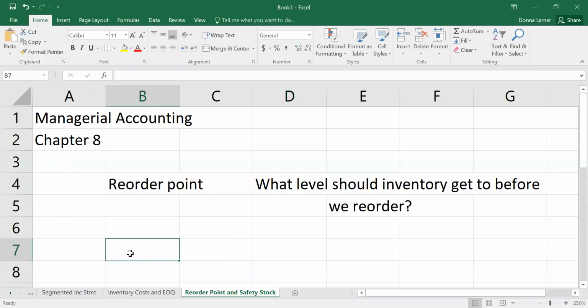At what level do you let the items get to before it's, oh, we better order some more, we're getting kind of low? What's the definition of kind of low? That's what a reorder point is. Do we say, oh, when inventory gets down to 10 items, it's time to reorder? Or do we get down to 50? How do you decide what number? Now, some of the things you got to think about is how fast do I use it up? I don't want to run out. So if I use them really fast, I'm going to want to make sure I have more in stock. If I use them really slowly, then I've got time to run out to the store or to call my supplier and order some more.